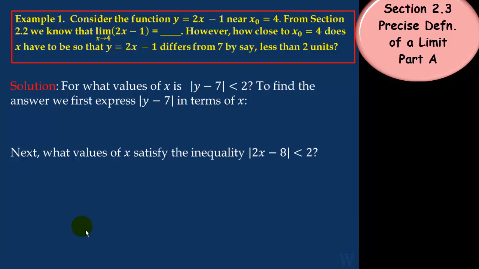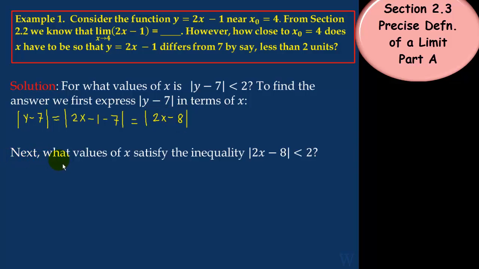So our f(x) is y and L is 7. To find the answer, we first express our absolute value in terms of x. The absolute value of y minus 7 is simply the absolute value of 2x minus 1 minus 7, which will give us the absolute value of 2x minus 8.